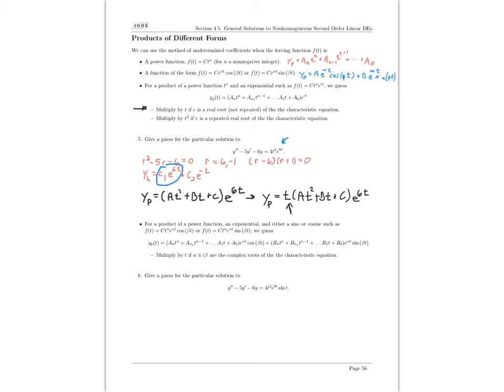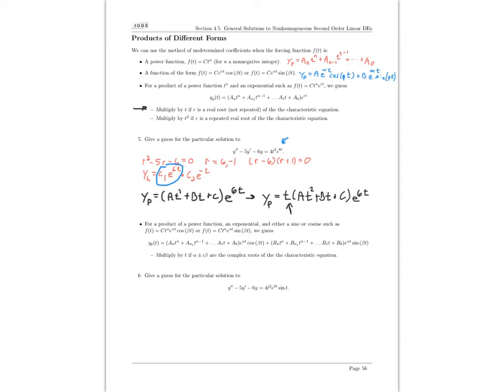And similarly, if we multiply a power function times forcing functions that have exponential times cosine or exponential times sine, then our guess, which was before exponential times cosine plus exponential times sine, rather than have constants in front of the cosine and sine parts, we're going to adjust this to put a general polynomial of degree n in front of the cosine piece, and then a different polynomial of degree n, so I've got different coefficients, in front of the sine piece.